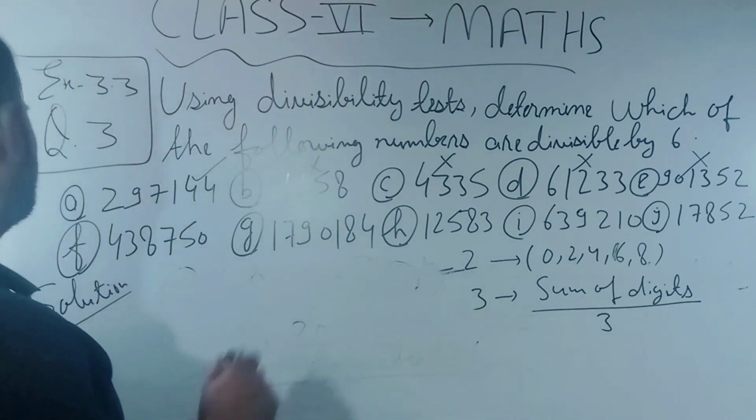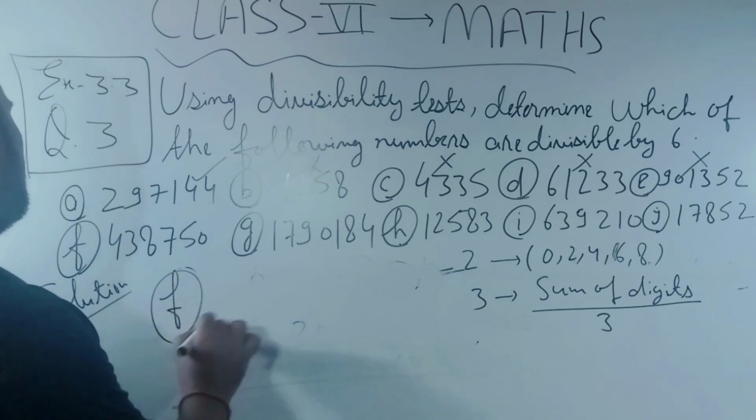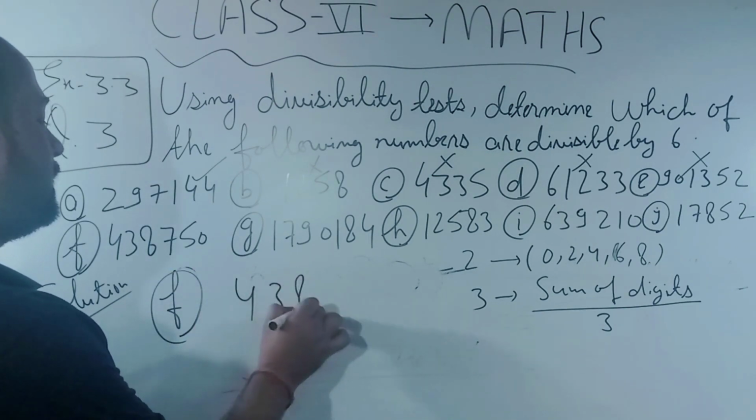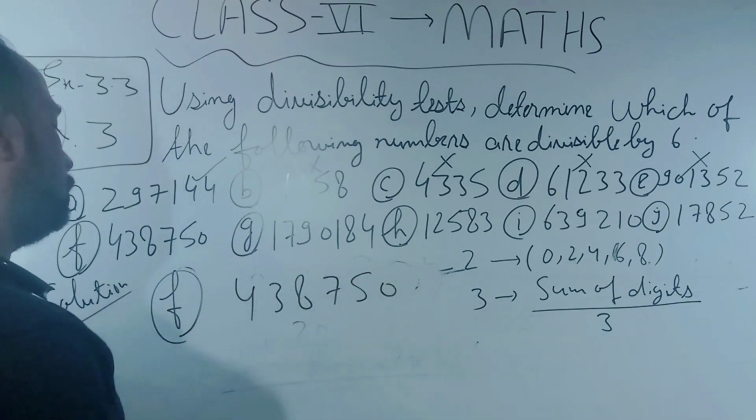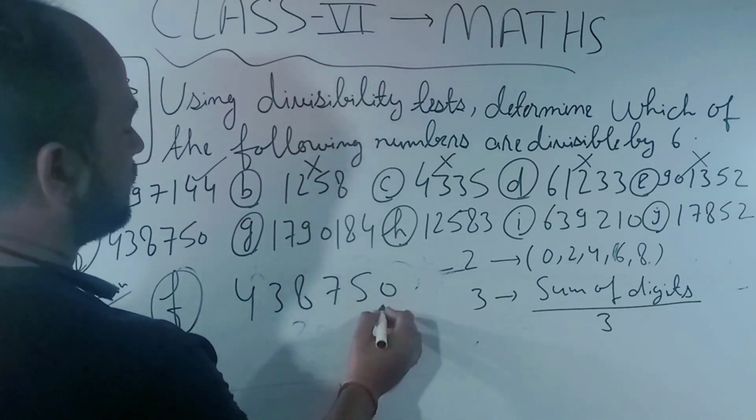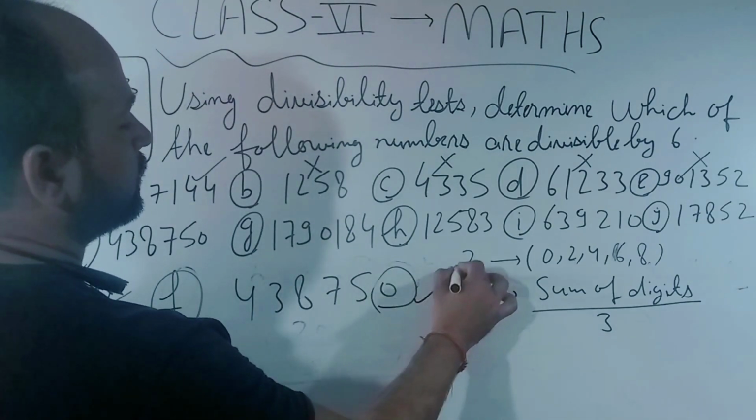Now next number, F, 43850. Okay, so just check, the last digit is 0, so it will be divisible by 2.